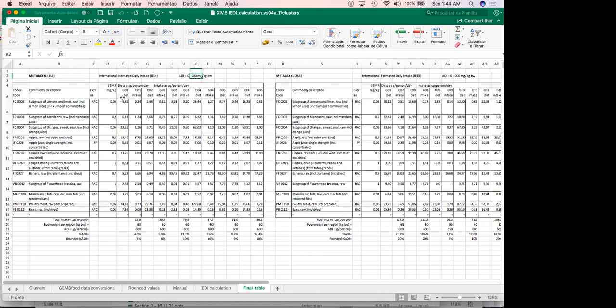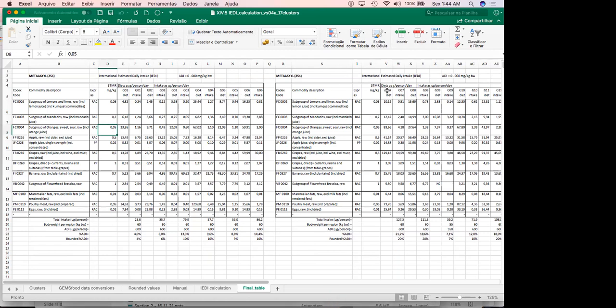For each diet, it has the STMR, the diet, and the intake. Basically, multiply this number by this number and have the intake. And for each commodity for which there was an STMR, add them up for each cluster. Here it says cluster 1, 2, 3, 4.